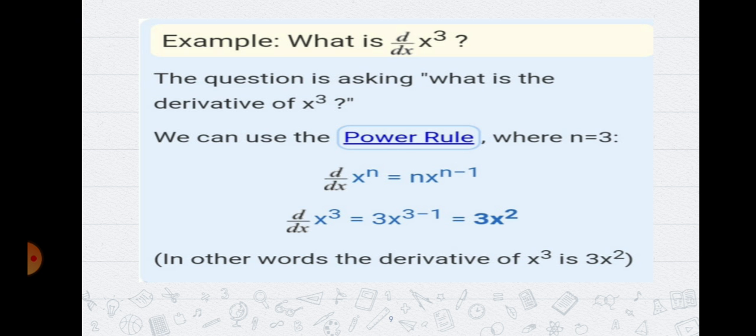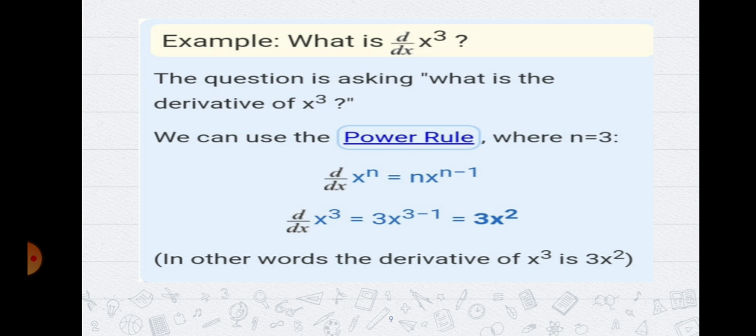So, d over dx of x to the power of 3 is equal to 3x to the power of 3 minus 1, which is equal to 3x squared. So in other words, the derivative of x to the power of 3 is 3x squared.